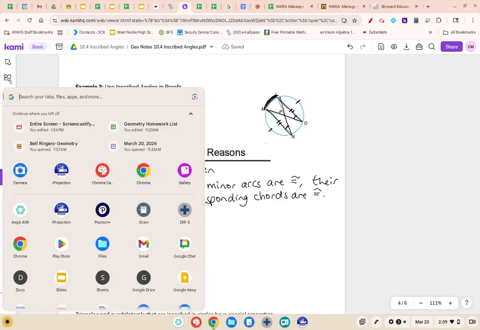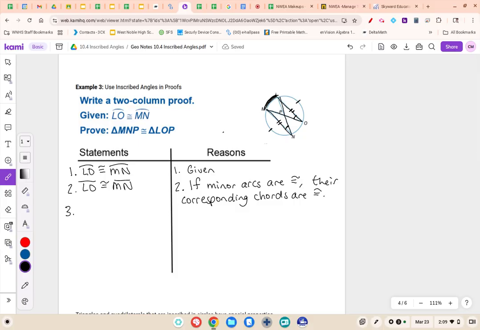So step 3, angle N intercepts arc LM. Angle O also intercepts arc LM. This is just the definition of an intercepted arc.